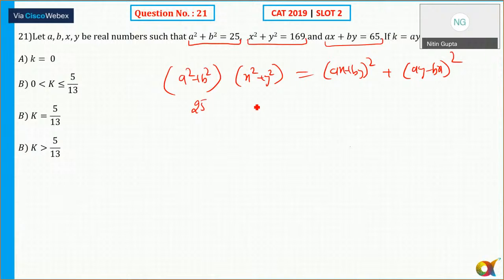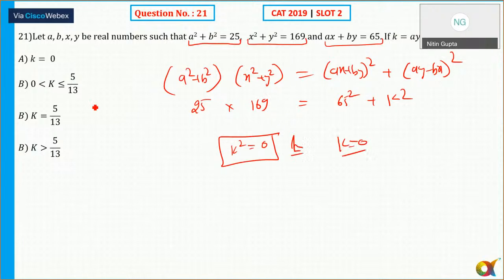This is equal to 169 equal to 5 square plus square. Okay, so you'll get directly k square equal to nothing but that will be equal to 0. Another easy one. Clear? Can we move to the next slide now?